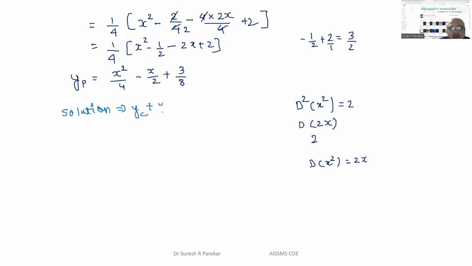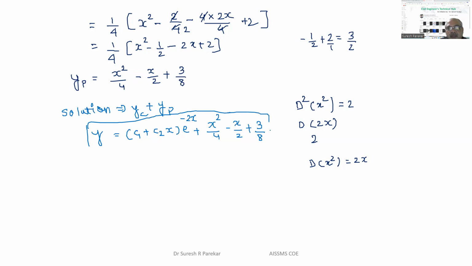And then yc is c1 plus c2 x e to the power minus 2x, plus yp, we have x square by 4 minus x by 2 plus 3 by 8. So this is the solution of the differential equation. So these three functions we can solve by using this simple method.